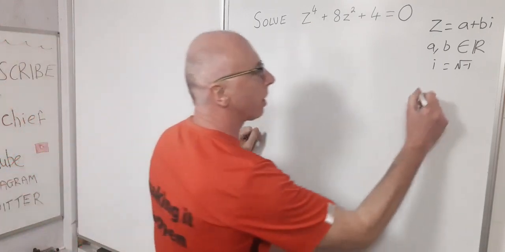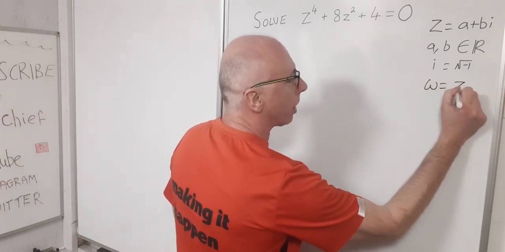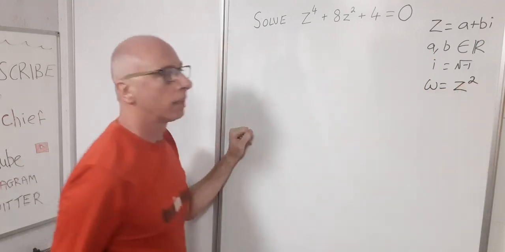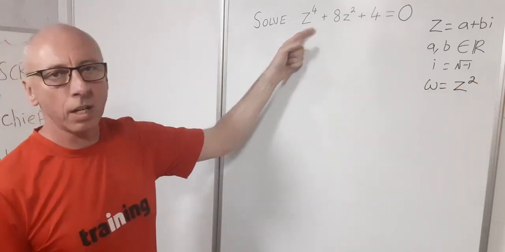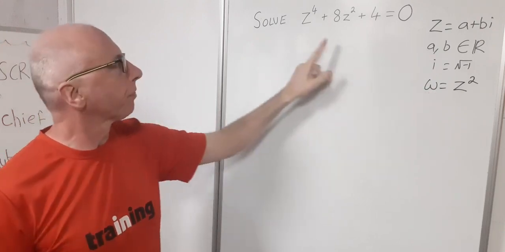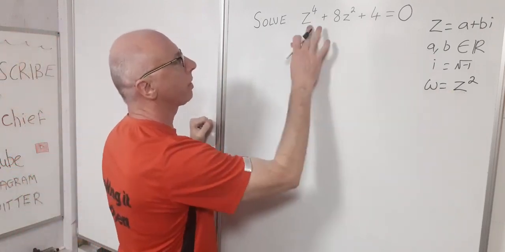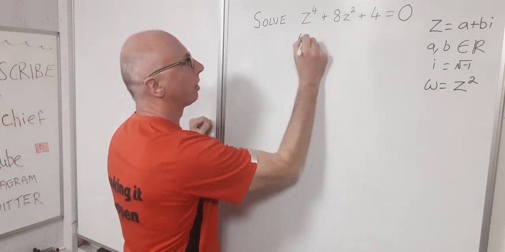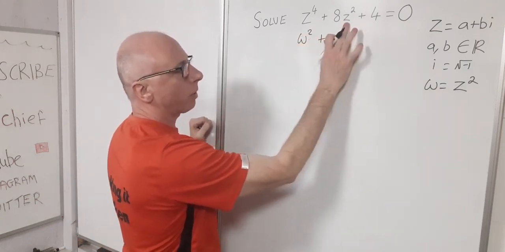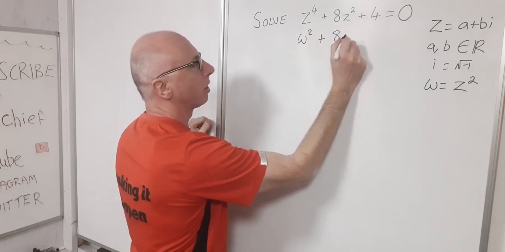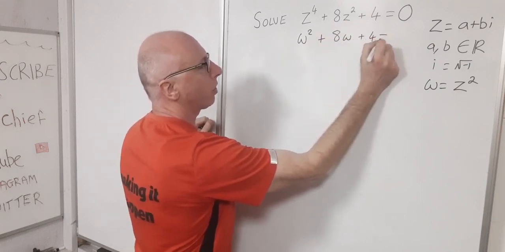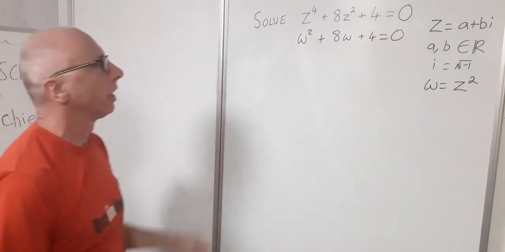I'm going to set w equals z squared. So wherever I see z squared, I'm going to substitute a w. So z to the 4 becomes w squared, z squared is just my w, and then plus 4 equals 0.